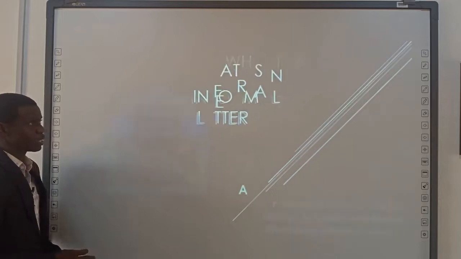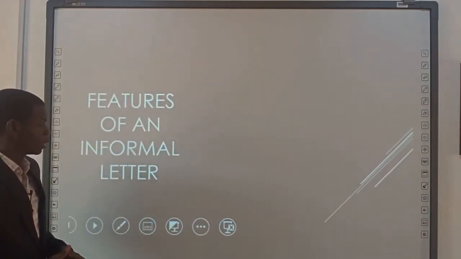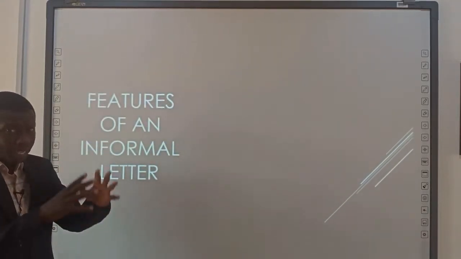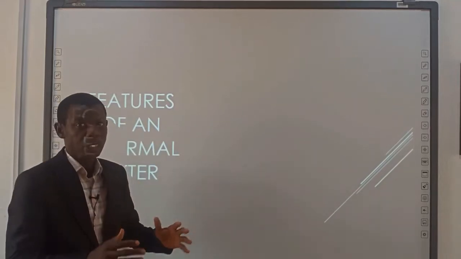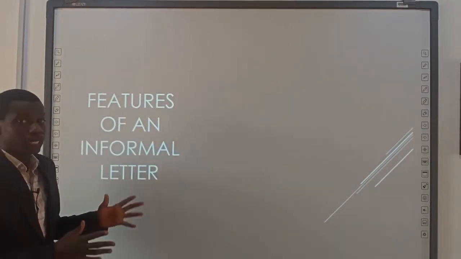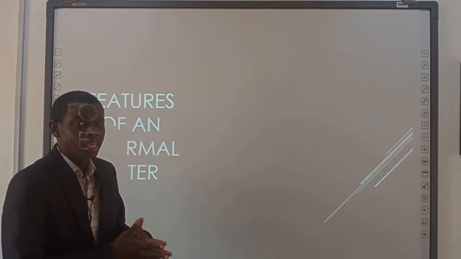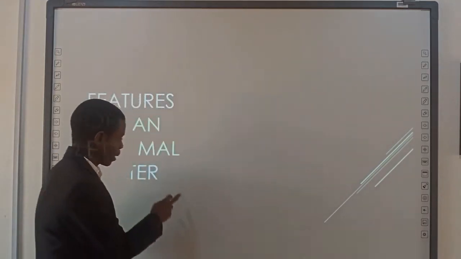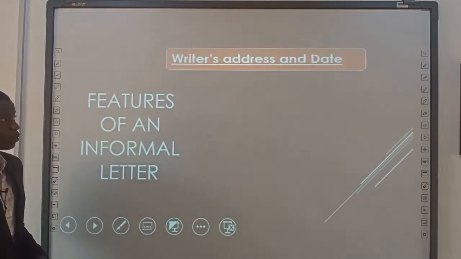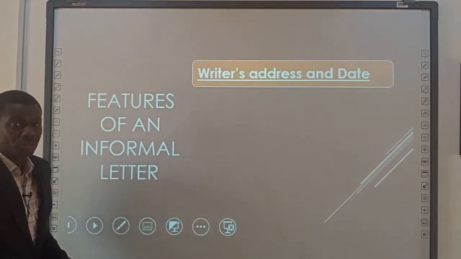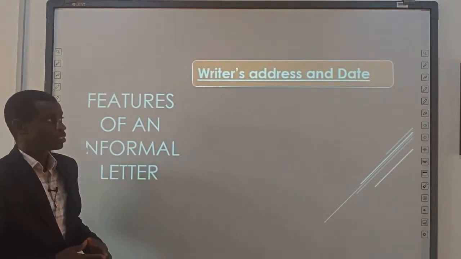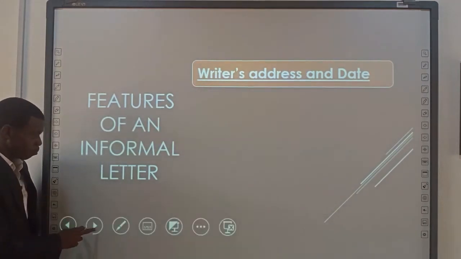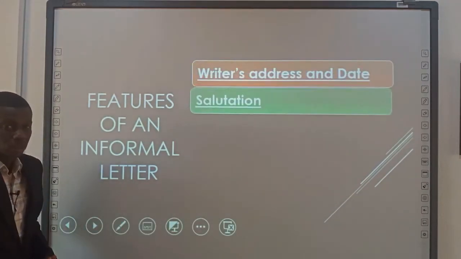So quickly, let's look at the features of informal letters. What are the skeletal features? What are the things we need to put in place? We call them formal features, anyway, that we need to put in place when writing informal letters that will be assessed by examiners. Now quickly, the first one we have there is the writer's address and date. Now it's followed by salutation.